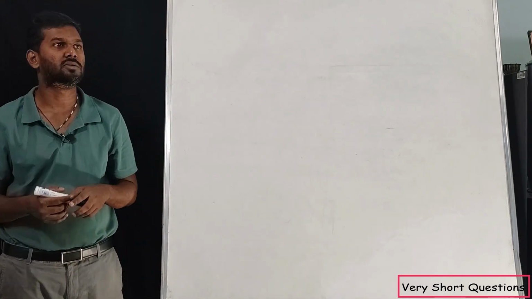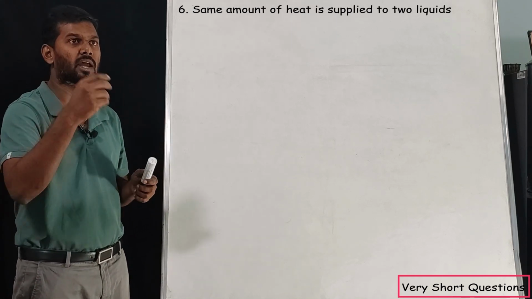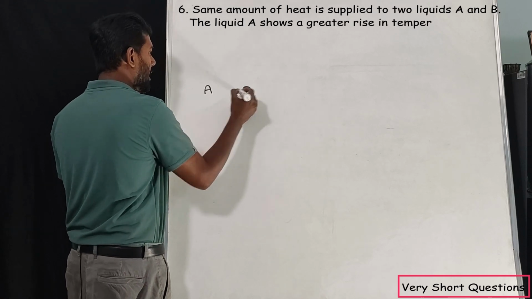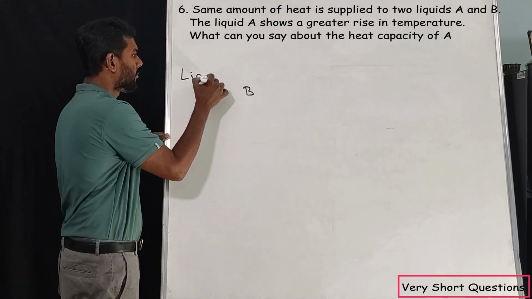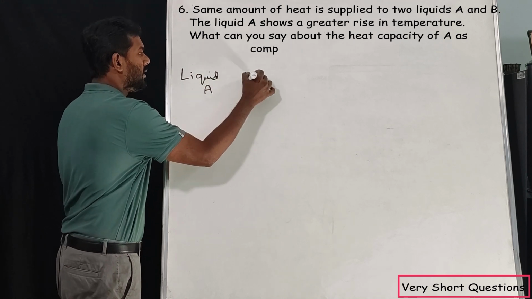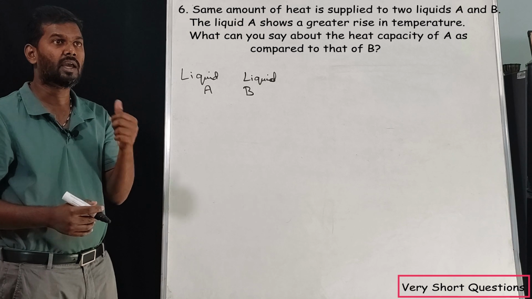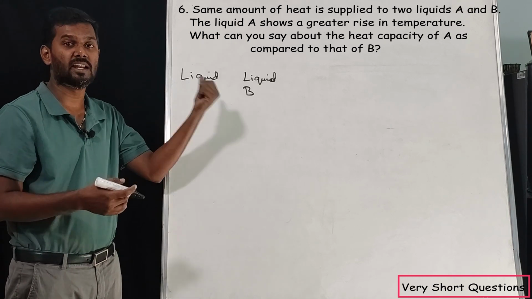That's it. Our next question, same amount of heat is supplied to two liquids A and B. There are two liquids, liquid A and liquid B. Now we are going to supply same amount of heat energy.